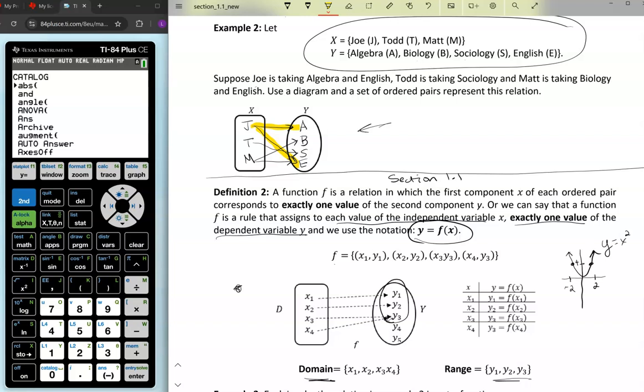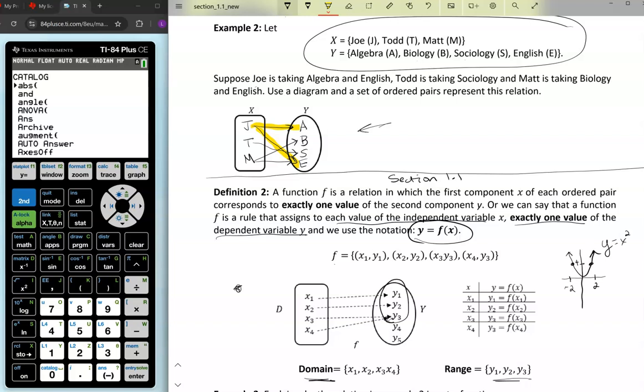So since Joe has 2 arrows, that means that Joe is assigned to 2 different y values. Now remember, it's one of those things where you have to think about it. When we're looking at a function, y, the range, can correspond with many x values. It's okay. But the domain, the x values, can only correspond to one y value.